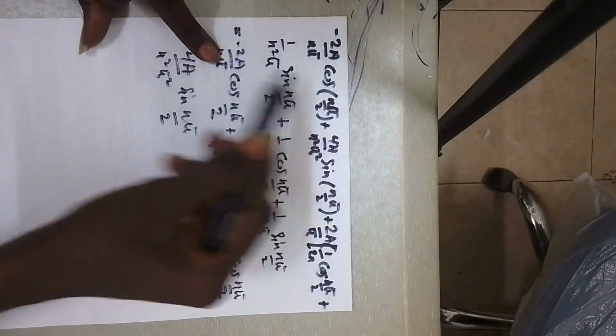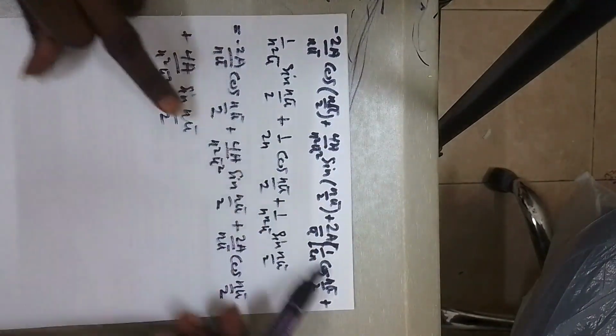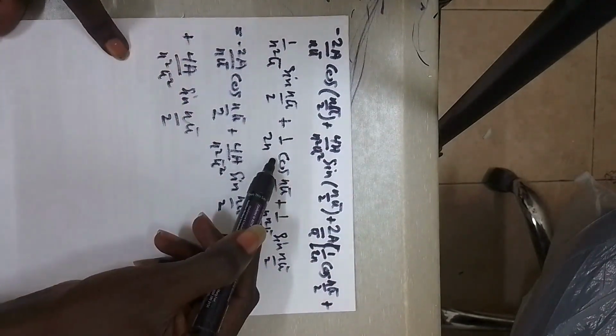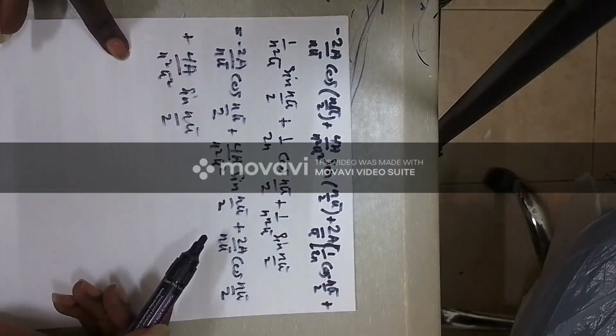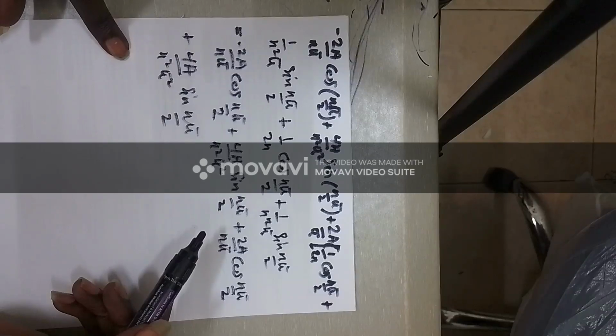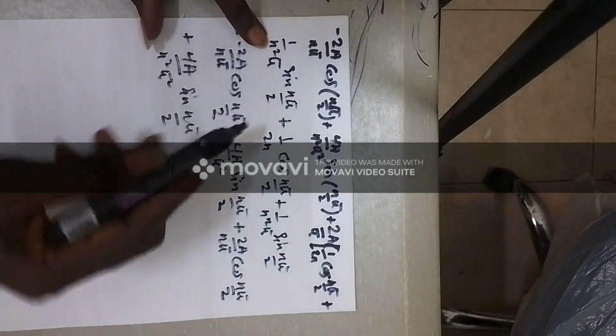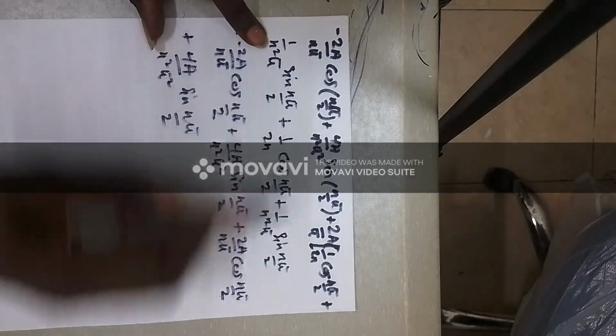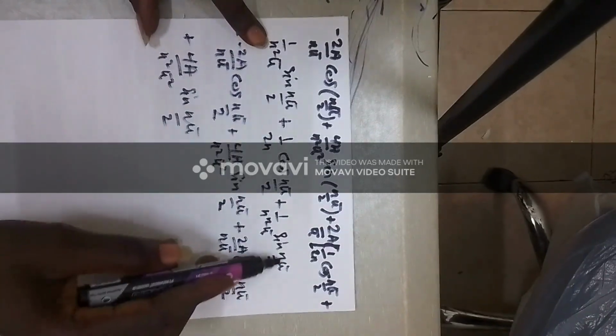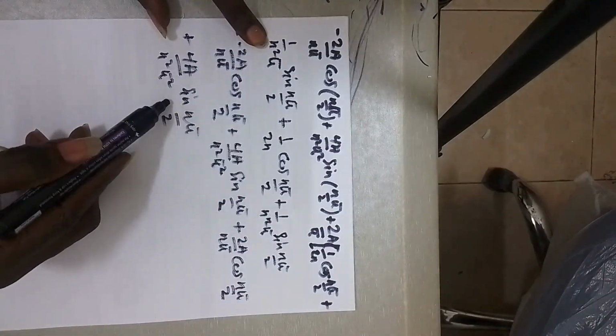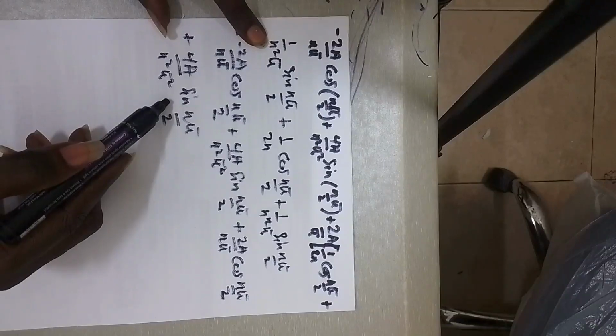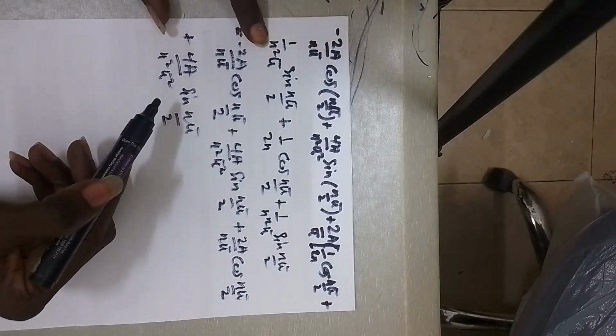This one I'm just maintaining here, and this one I'm adding to this one. I'm also adding this one and this one, and that also gives me what I have here.